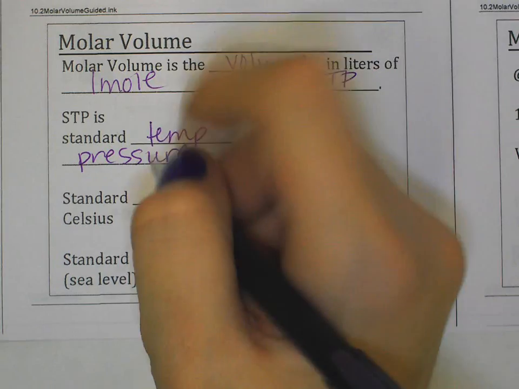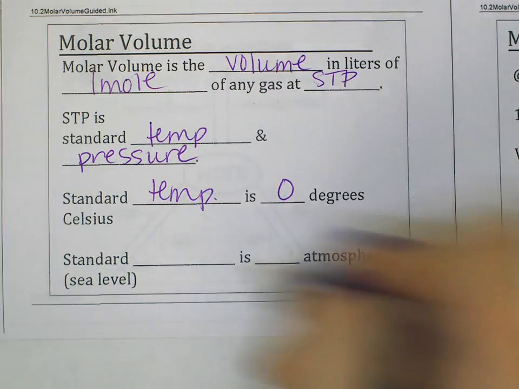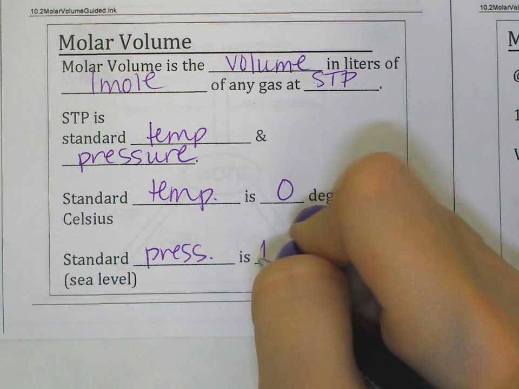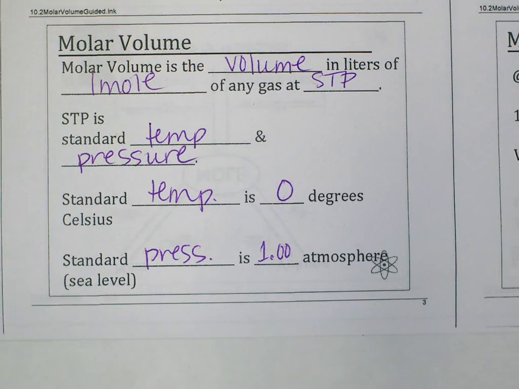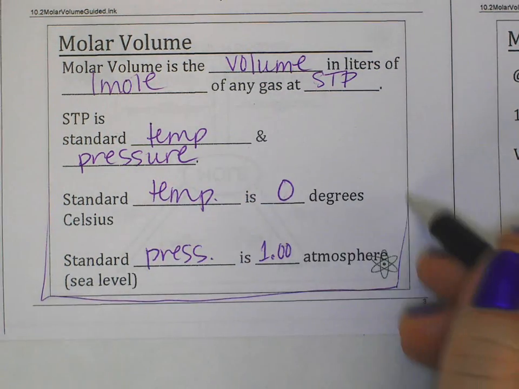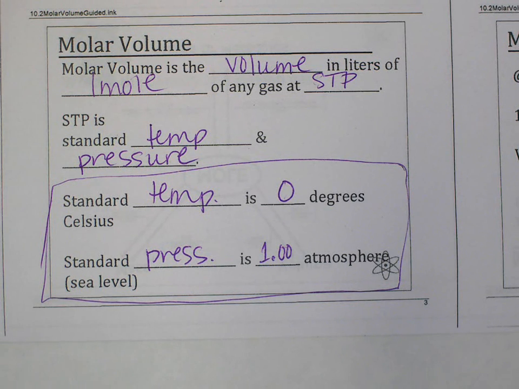So standard temperature is 0 degrees Celsius and standard pressure is 1 atmosphere. That's at sea level. So these two conditions are important for you to know because if I change those conditions, then the volume I'm about to tell you won't actually be accurate.